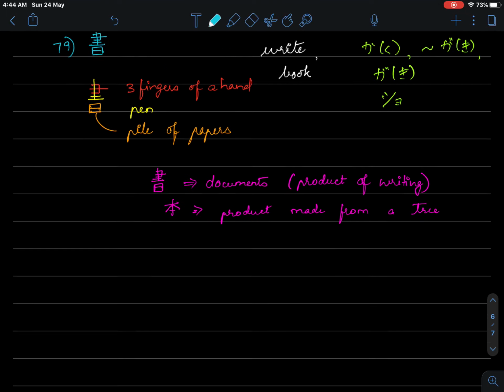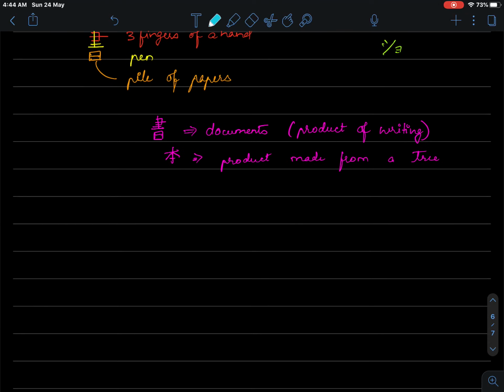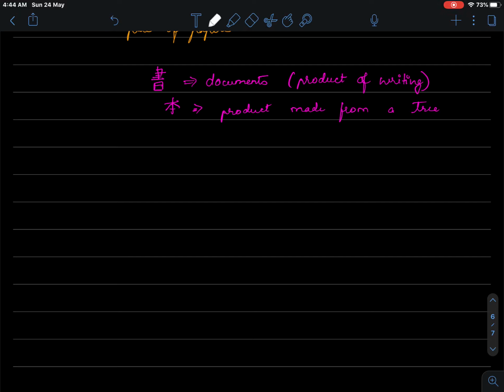Okay, so let's have a look at the last kanji for today. Oh, I apologize, we forgot to do the words. So let's have a look at some words for this. So let's first see the kunyomi. Then the line has to continue all the way down. So you will read it as kaku. It means to write. Okay.